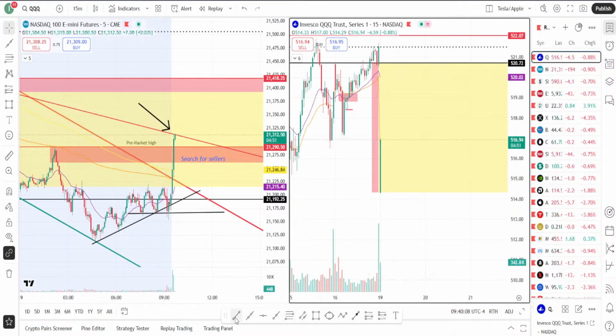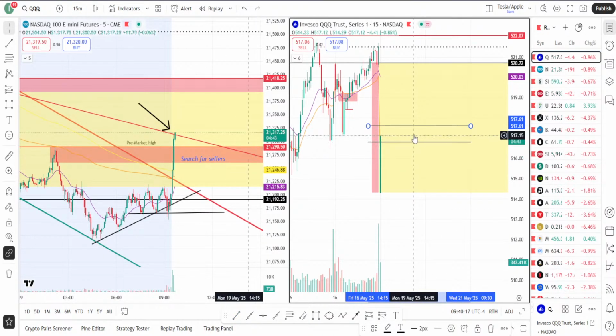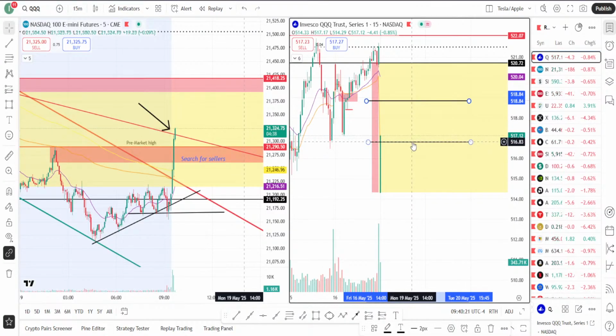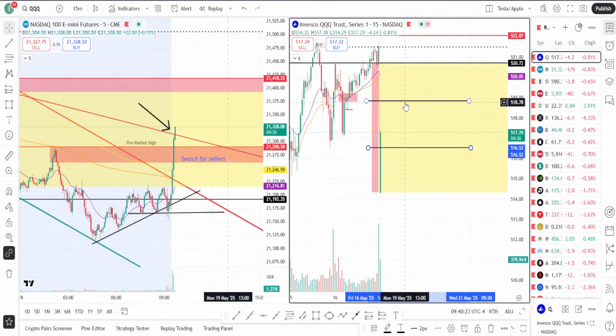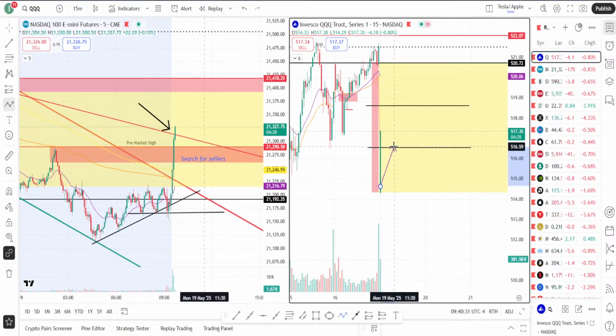And now you can cut this candle into thirds. See about here and about here. And these are areas that the price can reach and then turn around at.